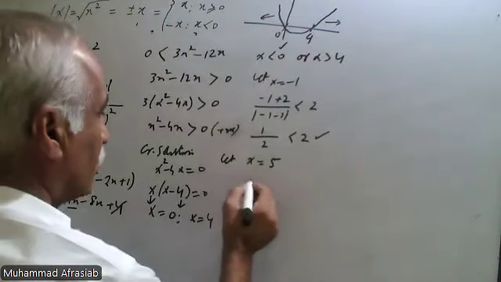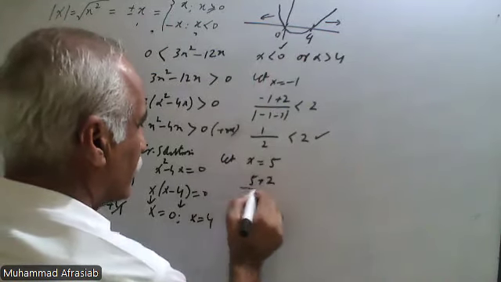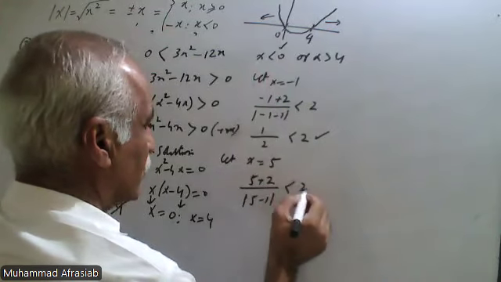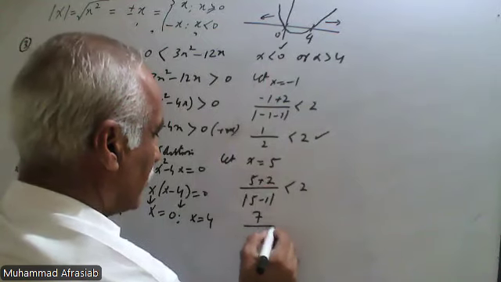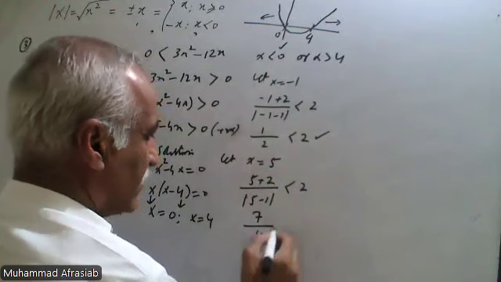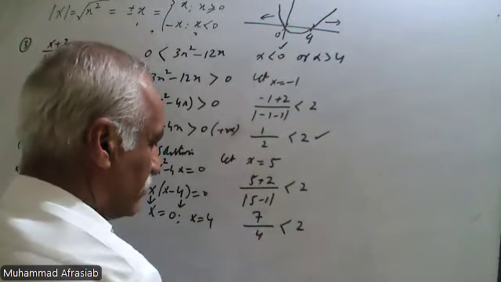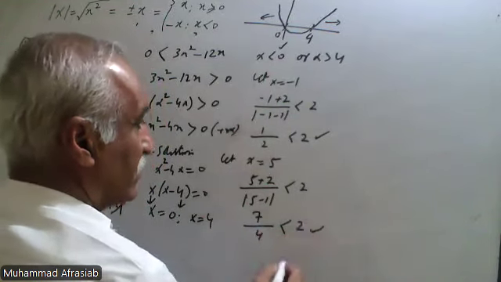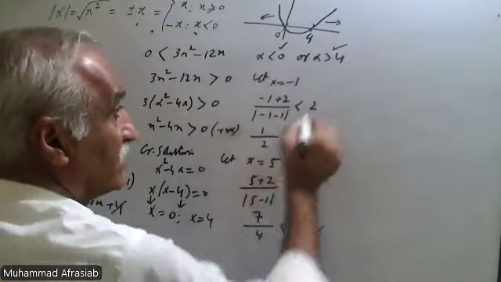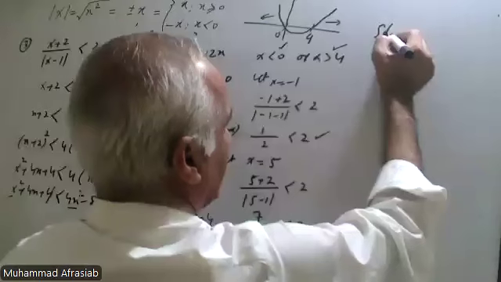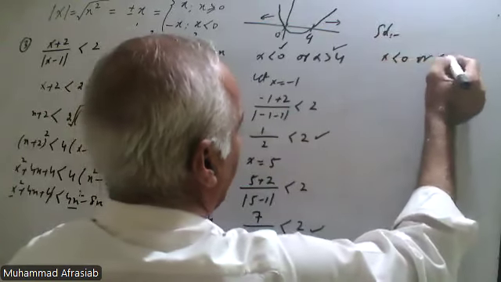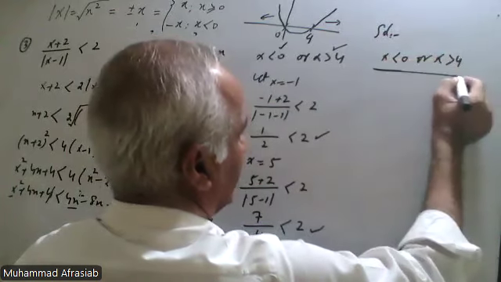Then it is |5 plus 2| over |5 minus 1|: 7 over 4 is less than 2. So that is also true. So your solution is x less than 0 or x greater than 4.